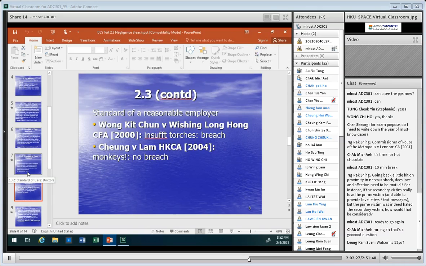I call it the Wishing Long Hong case because that sounds better. It went all the way to the Court of Final Appeal, and it concerned an employer who was sued for negligence by the widow of one of the employees who was killed. Now, how did the employee die?